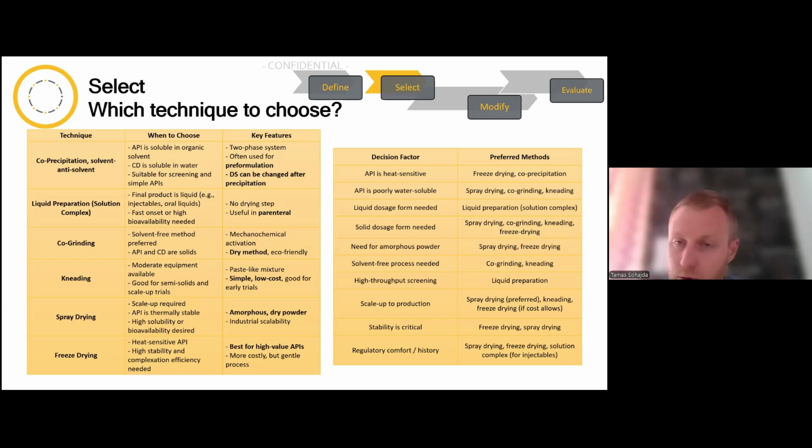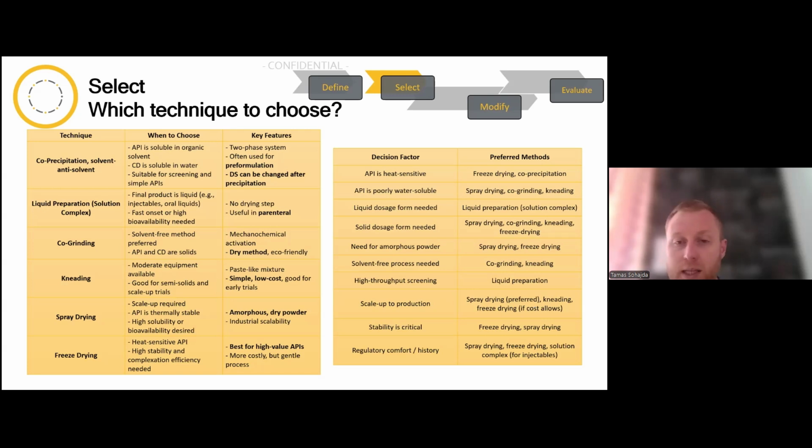So, if your active ingredient is moisture sensitive, obviously you cannot really use a technique where you make a common solution with the cyclodextrin, because by the time you get there, your API will degrade. If it's heat sensitive, you cannot use spray drying. If you want to scale, some of these techniques are not equally scalable for tens of tons quantities.